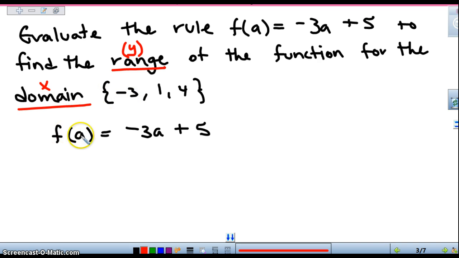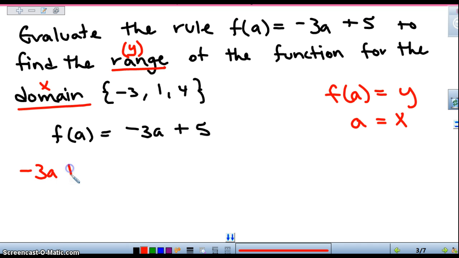In this case, f of a represents y, and this a represents our x. So in order for us to find the range, we need to substitute each of our domains. That means we're working out this problem 3 times.